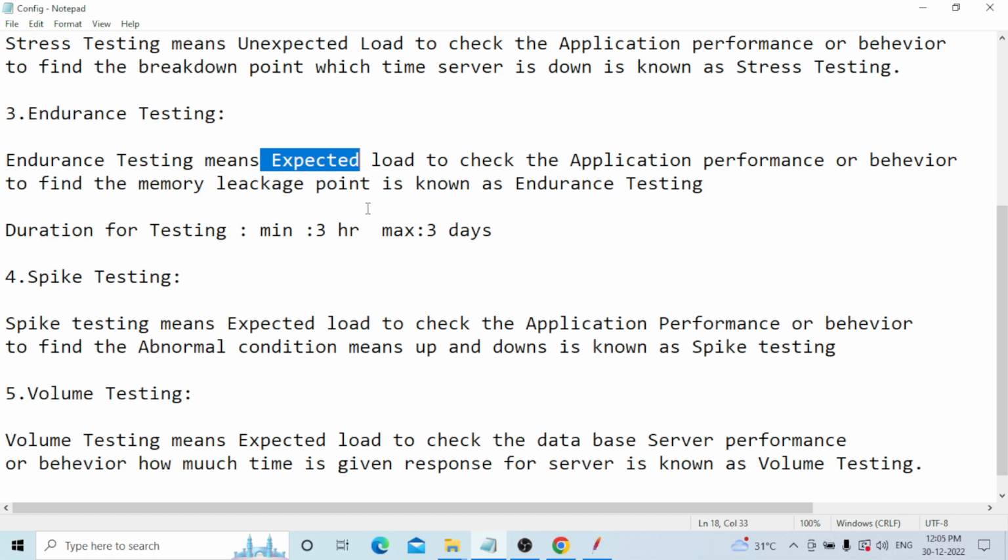Memory leakage relates to how much memory is available in the server. The expected load users keep on using it, and when it throws an out of memory error, you need to find out that issue, whatever occurs in your server. That is our objective. What happens whenever your users keep on running: when they go through the business flow, once the flow is completed, the user's iteration is done, right?